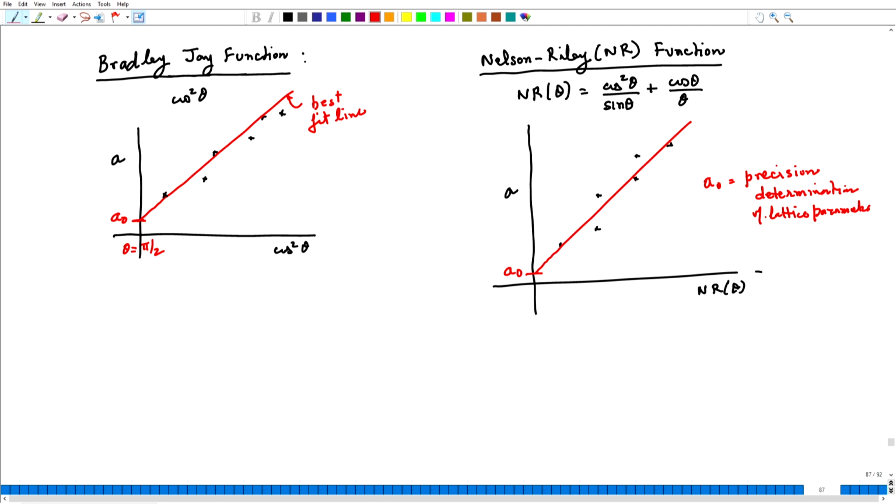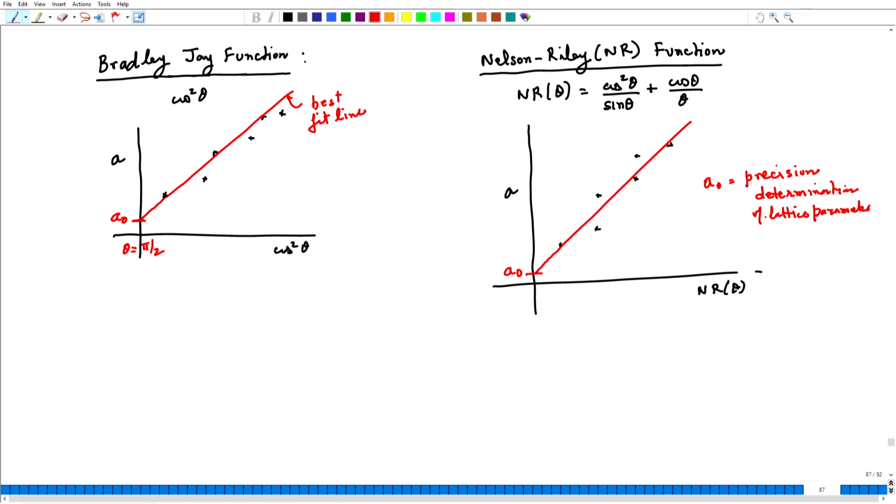So, what I will do is leave this as an assignment for you to do, taking the data that I have presented here, find out using, let us say, the Nelson-Riley function, the precision value of the lattice parameter. Another thing, the material that we have analyzed is actually an element in the periodic table.